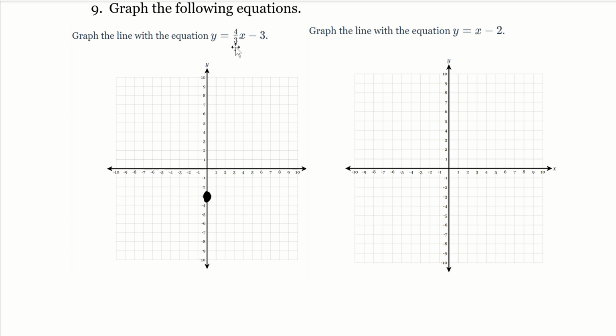And I know that 4 over 3 is my slope. The slope represents the change in y over the change in x. So then I know I have to move up 1, 2, 3, 4, and over 3. That's it.